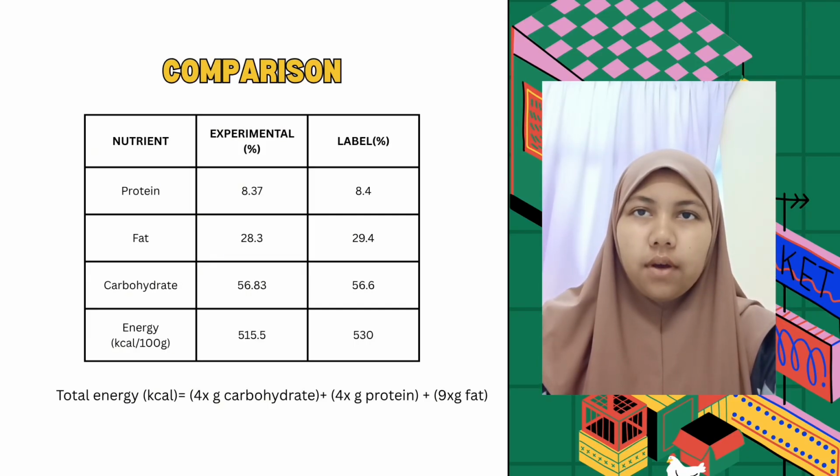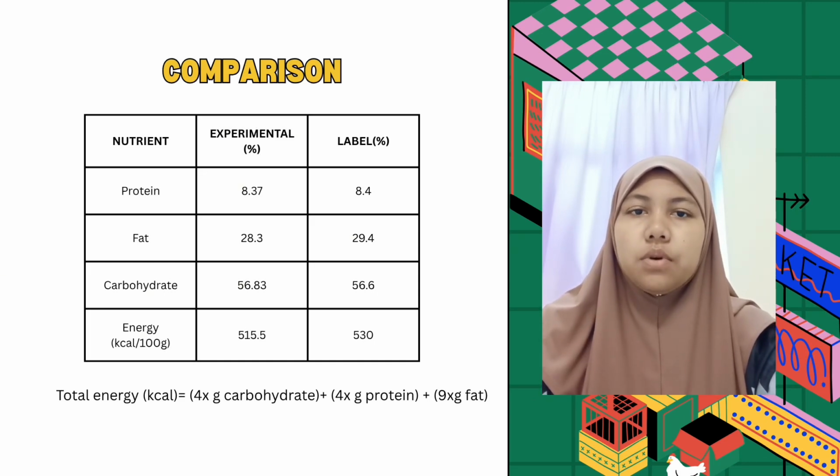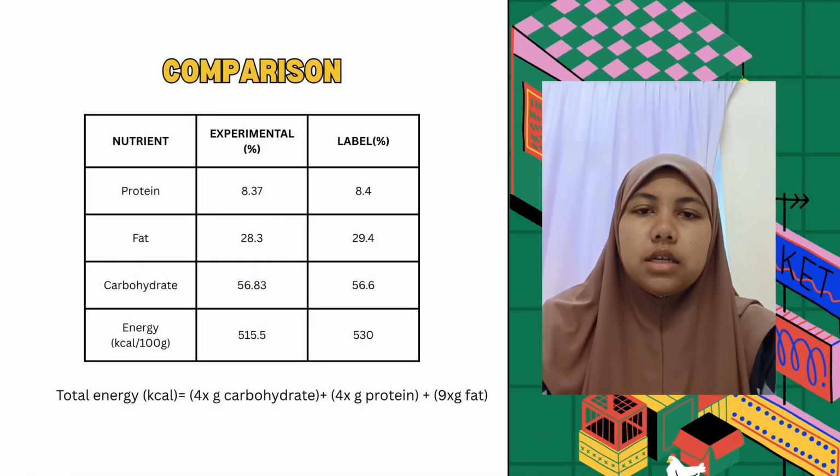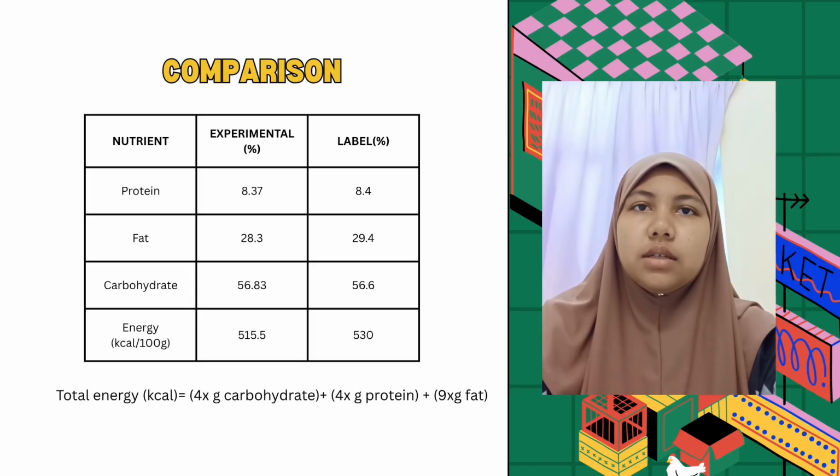We also have carbohydrates, where the laboratory result is 56.83% and the value on the label is 66.6%. These carbohydrate levels are nearly identical, showing that the carbohydrate estimation aligns well with the labeled data.